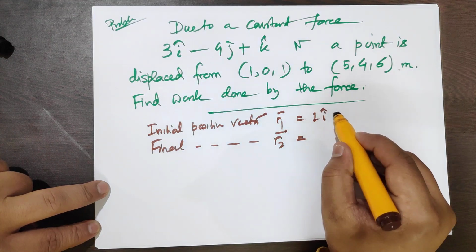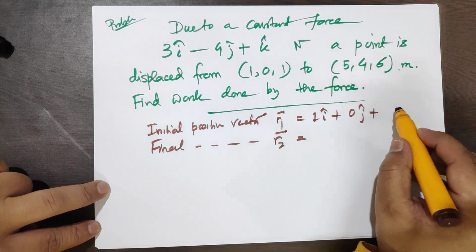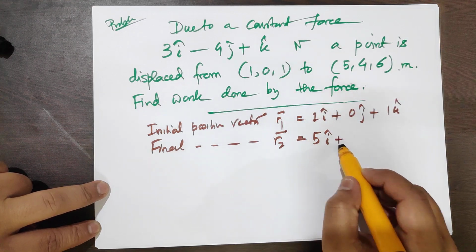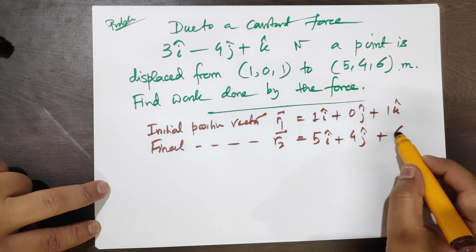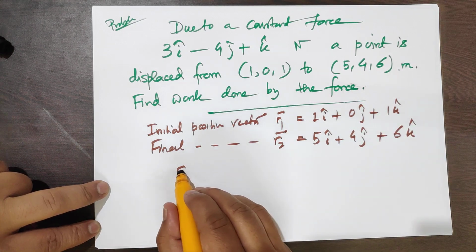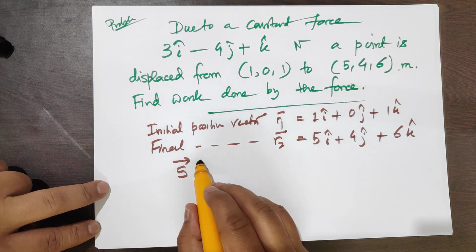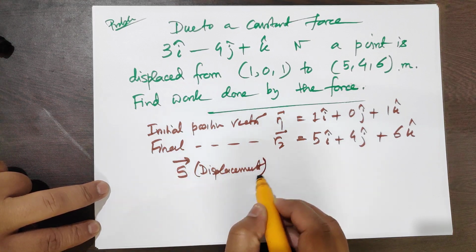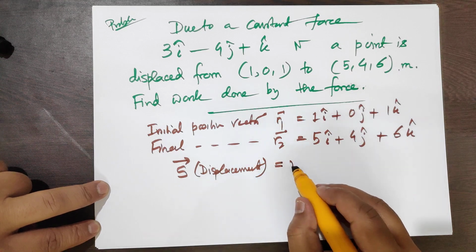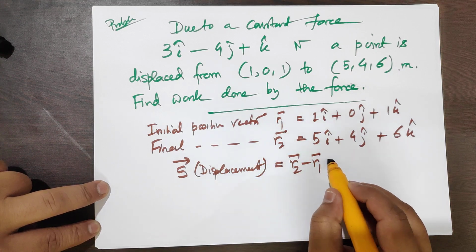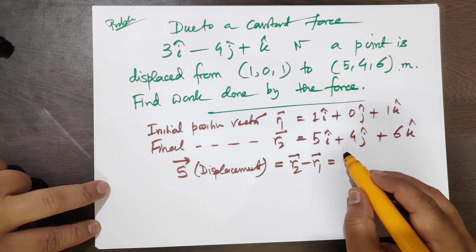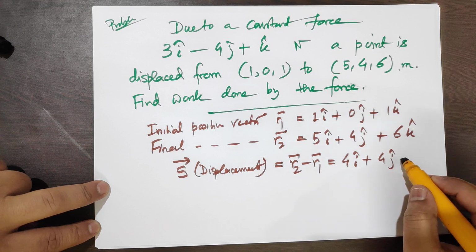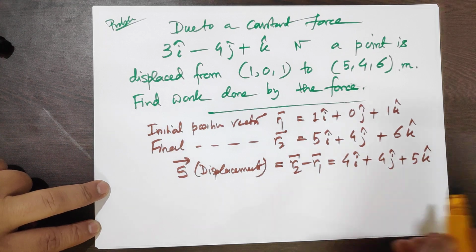So it's 1 i cap plus 0 j cap plus 1 k cap, and this is 5 i cap plus 4 j cap plus 6 k cap. Okay, so displacement S is equal to r2 minus r1. You can subtract the i, j, k components separately. That's 4 times i cap plus 4 times j cap plus 5 times k cap.